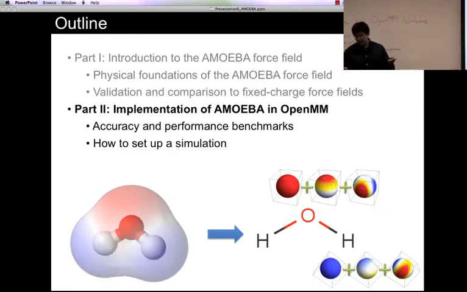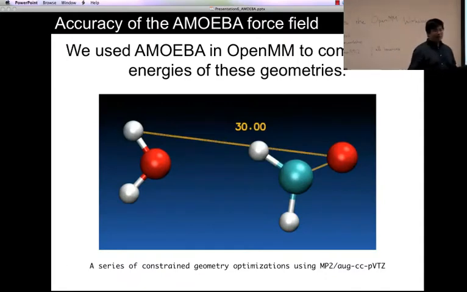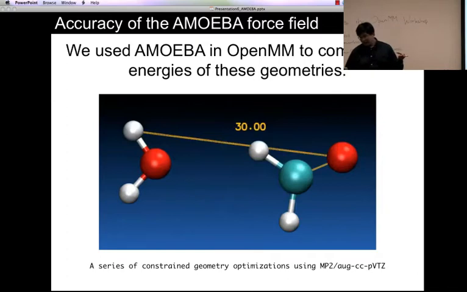Now to briefly talk about its implementation in OpenMM. One way to verify that the force field is implemented correctly in OpenMM is to try to reproduce a literature result. And in the AMOEBA force field for organic molecules, they did a calculation like this one, where they look at the interaction energy of the formaldehyde molecule on the right with the water molecule on the left at various angles, where this angle is given by carbon, oxygen, and hydrogen.